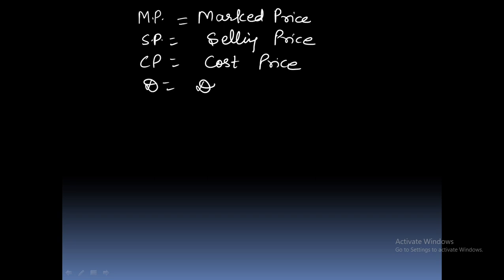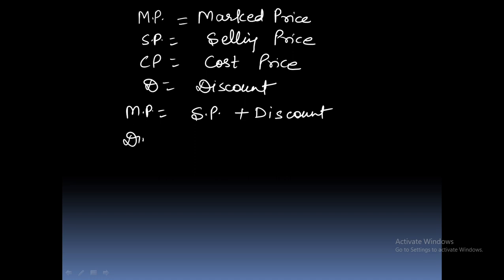D is related to discount. And market price will be equal to selling price plus discount. If you want to calculate discount, then you can use this formula, MP minus SP.